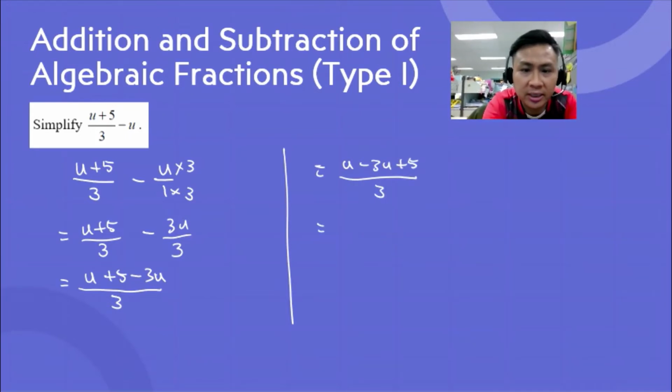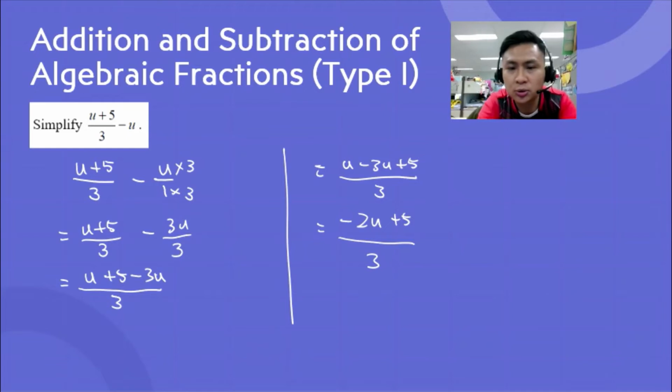Then finally last step, we just need to simplify the like terms together. So u minus 3u, you get negative 2u, plus 5 just follows. And this will be the answer for this question. So minus 2u plus 5 over 3. So this is how we solve the question. Simple. Okay, let's move on.